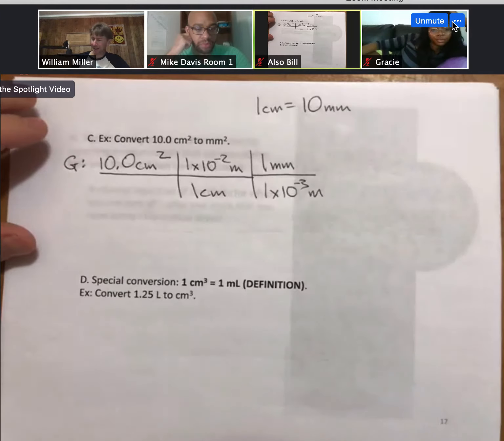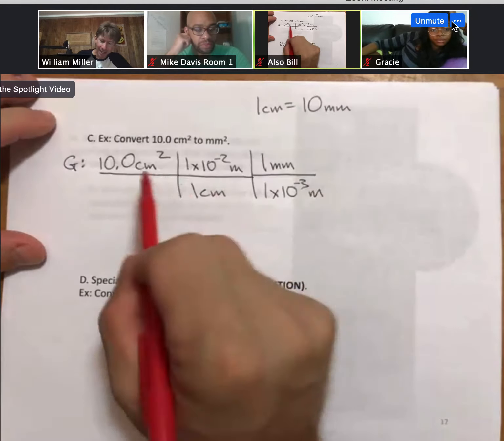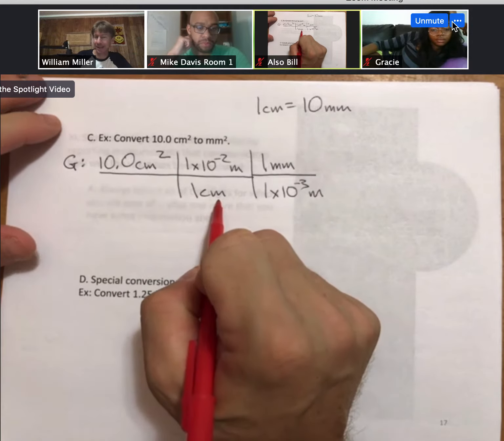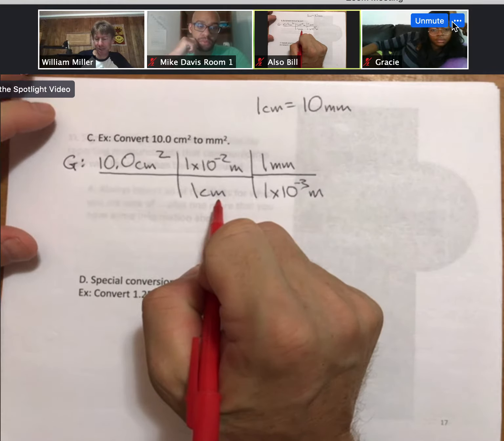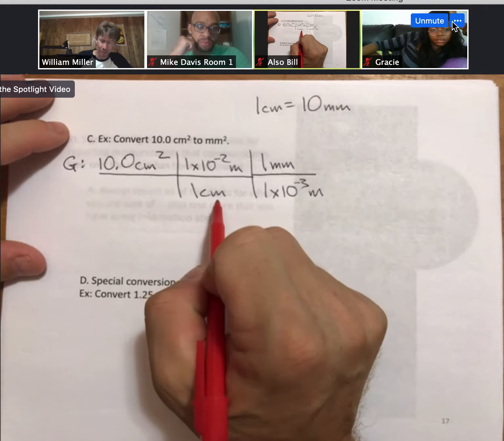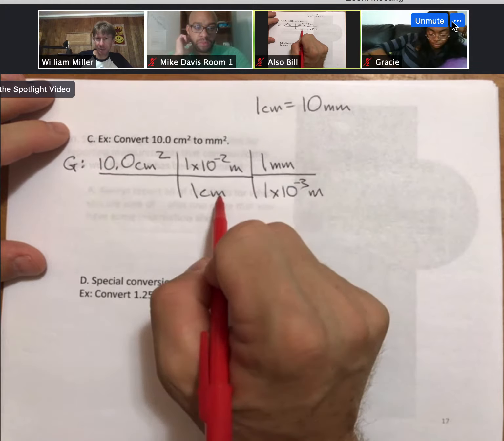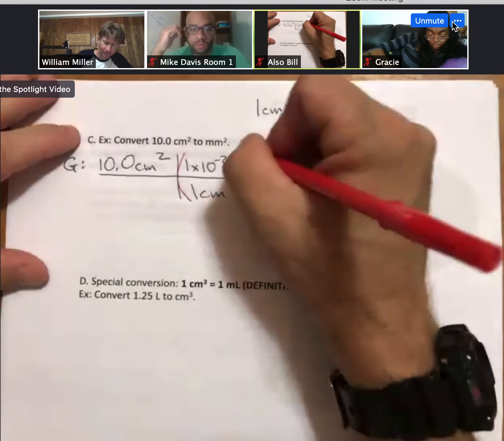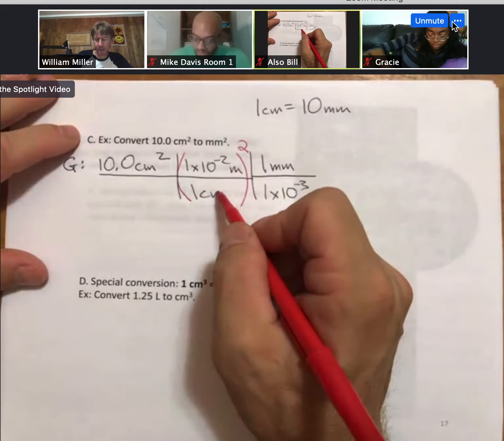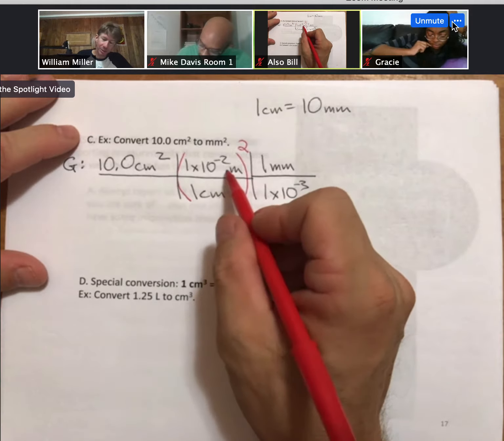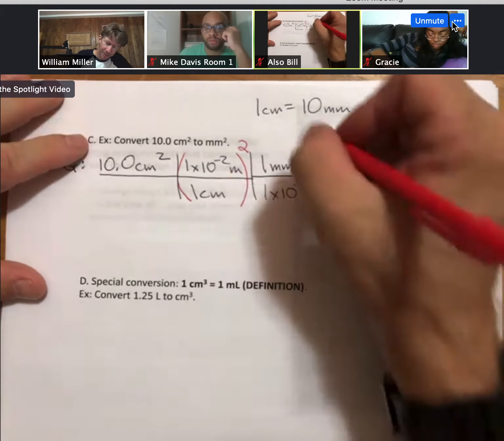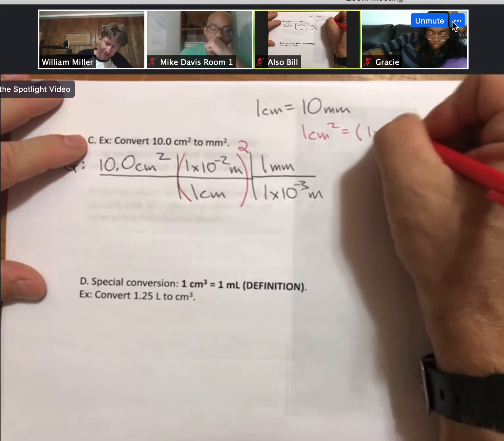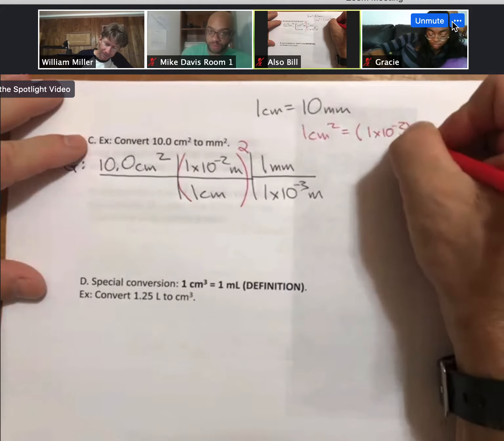But we're not done here because I have centimeters squared here, and I only have centimeters, so that doesn't cancel all the way. So here's what I want to show you about this. This right here is a unit conversion factor, and it doesn't happen often, but it's okay to square unit conversion factors. And when we do that, this is equal to saying 1 centimeter squared equals 1 times 10 to the minus 2 meters squared.